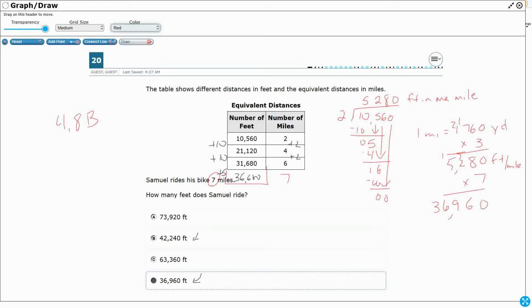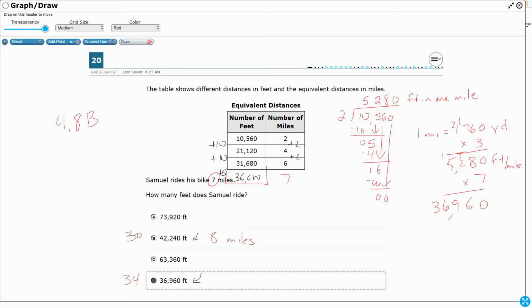Well, we only had 34% of our students get this one correct. Now, 30% chose this 42. And what that 42 is, this is 8 miles. So they just took this pattern, they found the difference, and then they just added that 10,000 or almost 11,000.